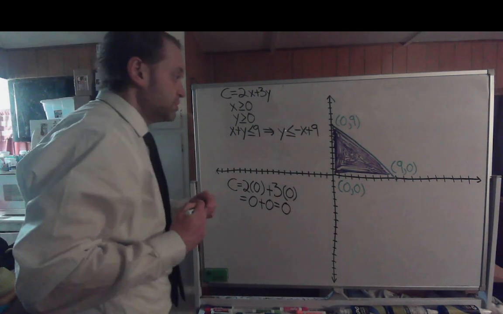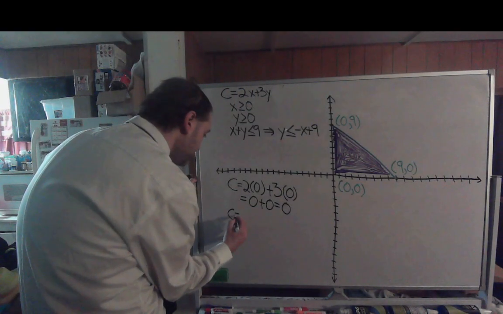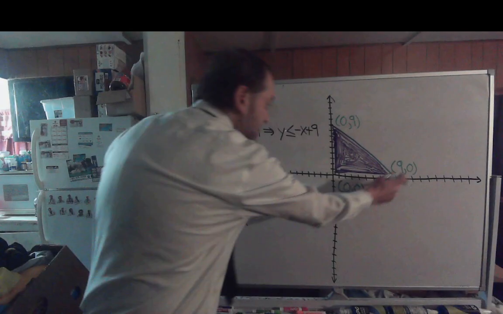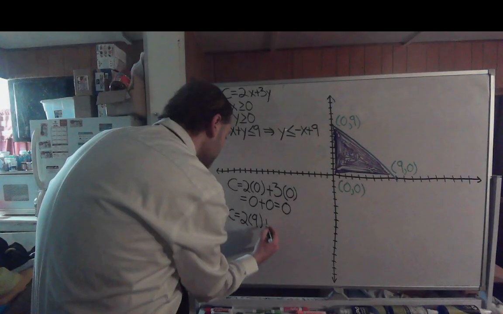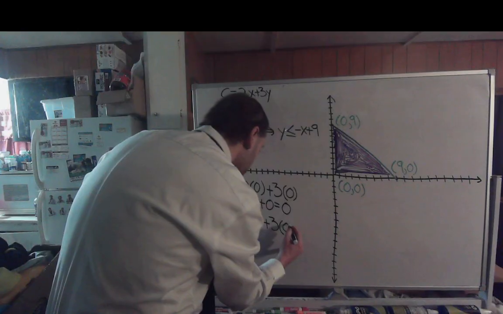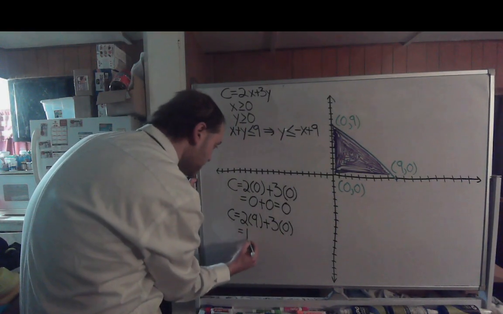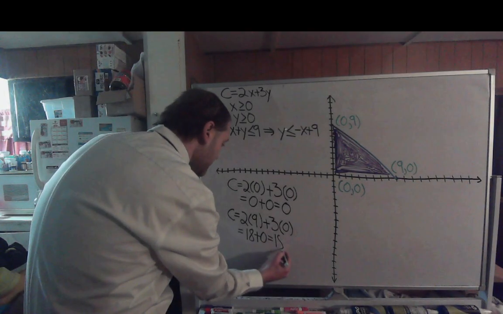And then you can put in (9, 0), right? So go ahead and put in c equals 2 times your x value of 9 plus 3 times your y value of 0. Well, that, of course, would give you 18 plus 0, which would give you 18.